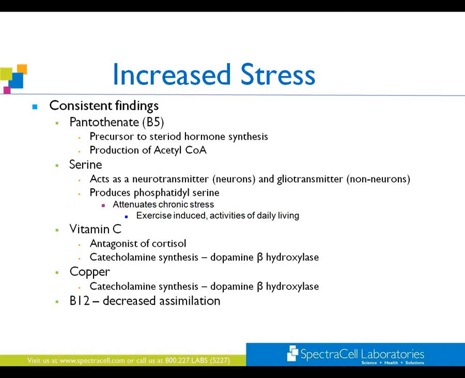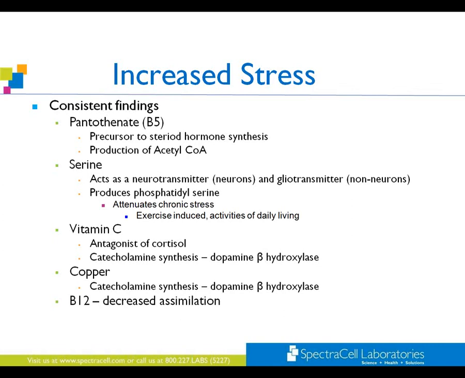You can think about that in the context of cortisol: as cortisol is under higher demand, as the body needs more cortisol to compensate for that stressor, whether it's blood sugar fluctuations or whatever the stress response may be, there has to be an increased movement of B5 down that steroid hormone pathway to continue to support generation of cortisol. That occurs through the production of acetyl-CoA, and again, I'll show you a diagram to illustrate all this.